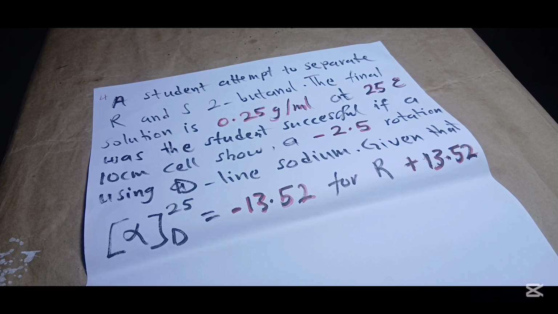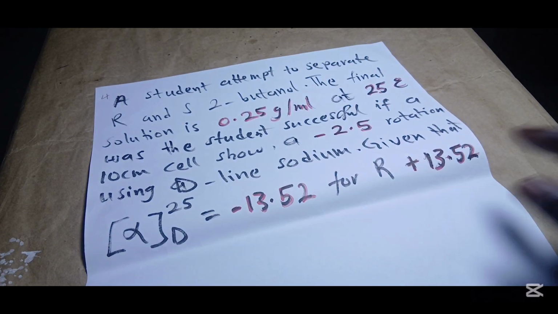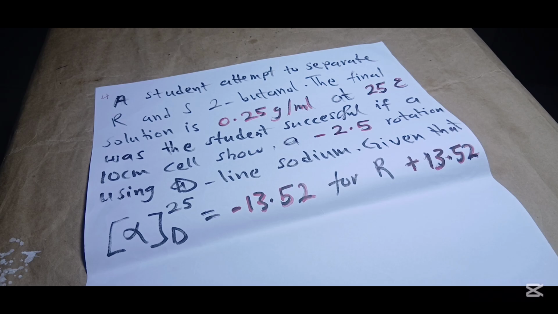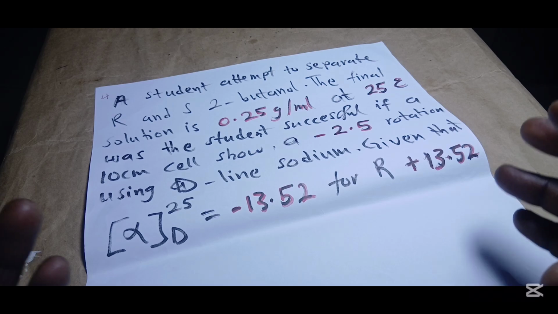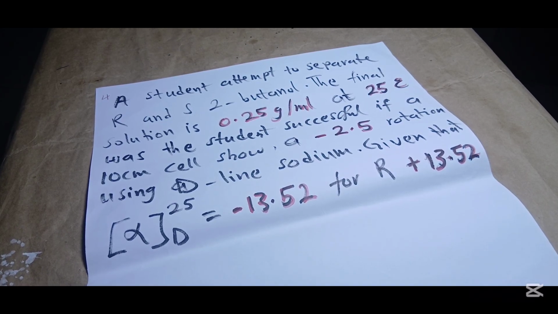Was the student successful if a 10 centimeter cell shows a minus 2.5 rotation using D line sodium, given that specific rotation of the D line sodium at 25 degrees is minus 13.52 for the R enantiomer? So it means that the student has a solution which contains both R and S enantiomers, and the student was interested to separate the enantiomers.